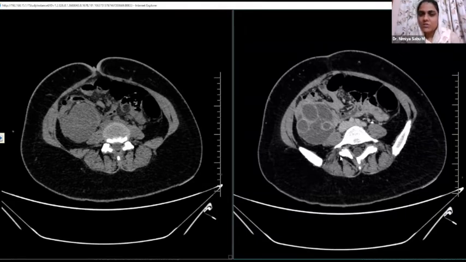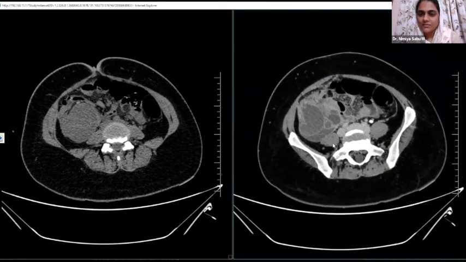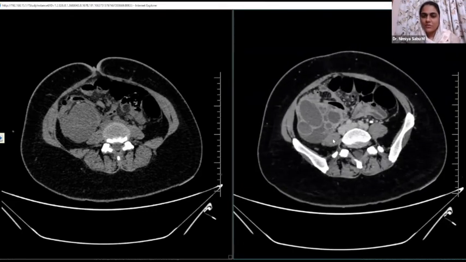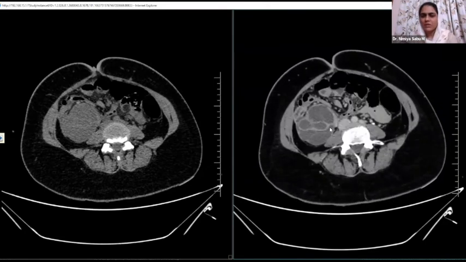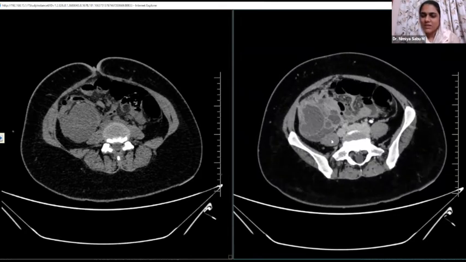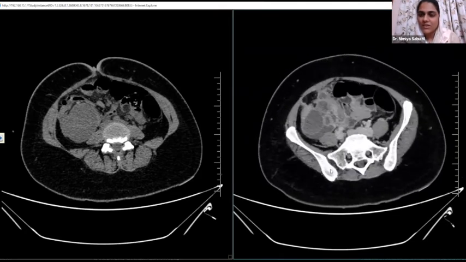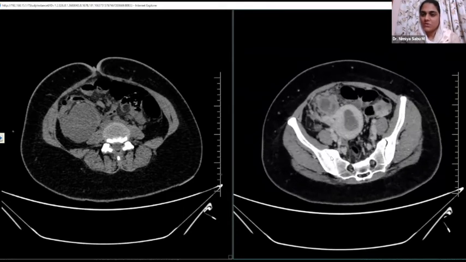So in view of an acute presentation, my first differential will be a tubo-ovarian pathology, tubo-ovarian abscess-like pathology. Then, since it is involving the right iliac fossa and the appendix is not fully seen, I will also put a differential of an appendicular mass. But here, both the ovaries appear to be bulky, so I will keep the first differential as a tubo-ovarian pathology only, ma'am.